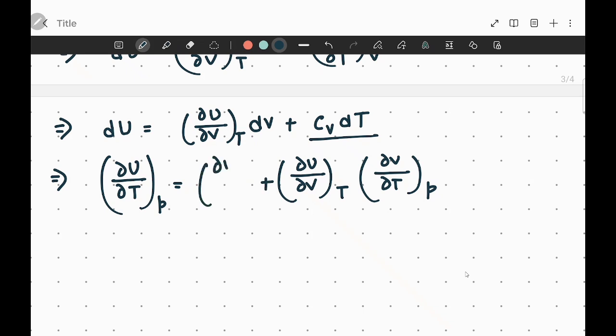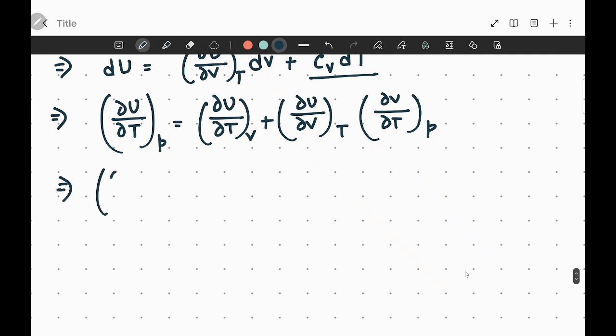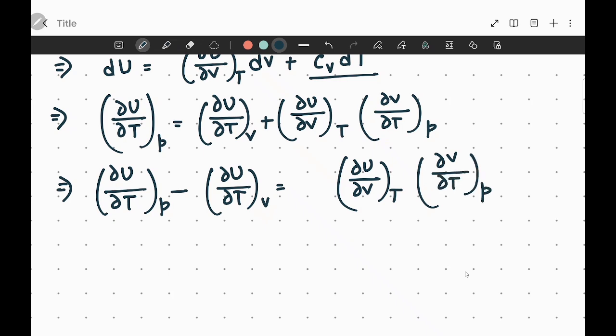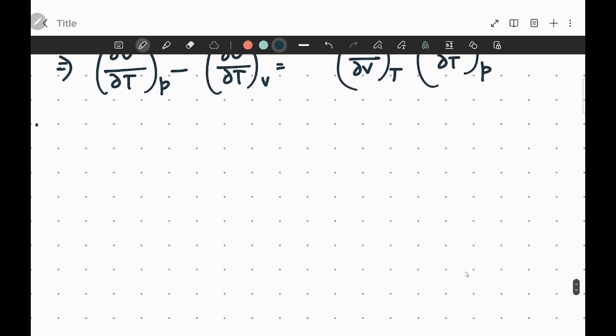CV was del U del T at constant V. So del U del T at constant P minus del U del T at constant V is eventually del U del V at constant T into del V del T at constant P. So we have obtained this.